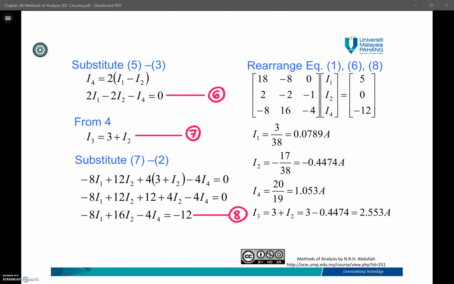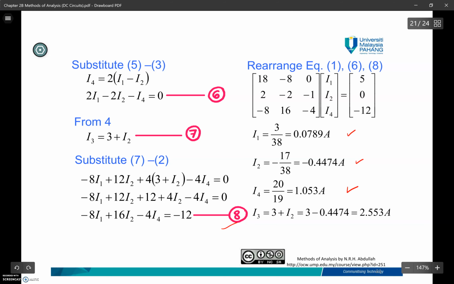And then substitute 7 into 2. Then the equation will simply look like this, equation number 8. And then you rearrange equations 1, 6, and 8 into Cramer's rule. Substitute that into the calculator, and this is the answer for I1, I2, and I4.